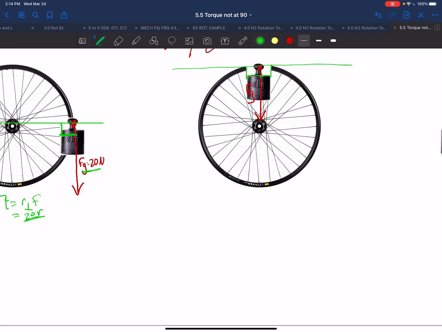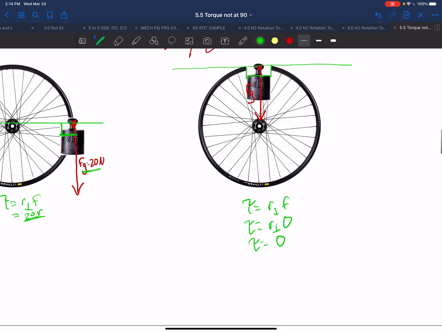As in the previous example, the force was perpendicular to the lever arm. Well, here's the lever arm. The force is parallel to it. So there is no torque. Torque is RF, and so we have R this, but F is 0. So the torque is 0.